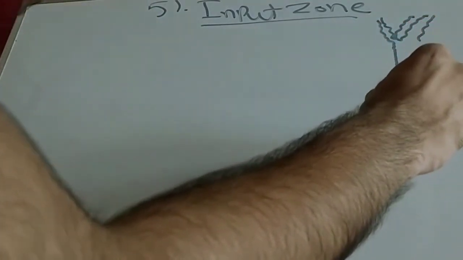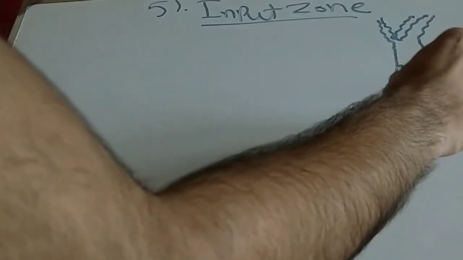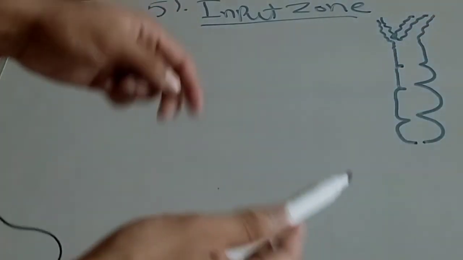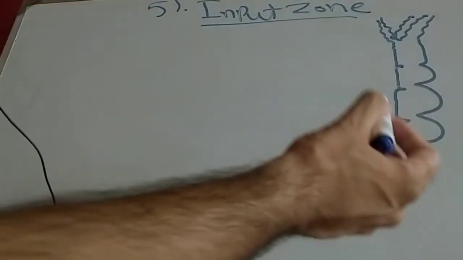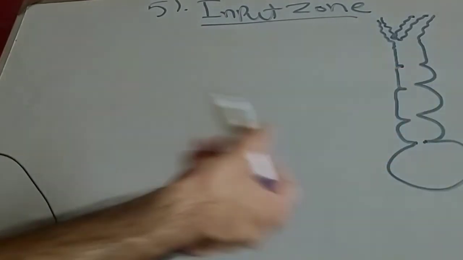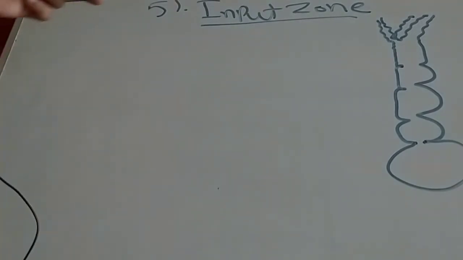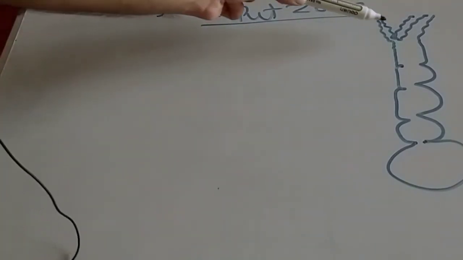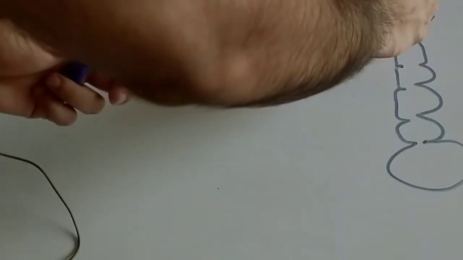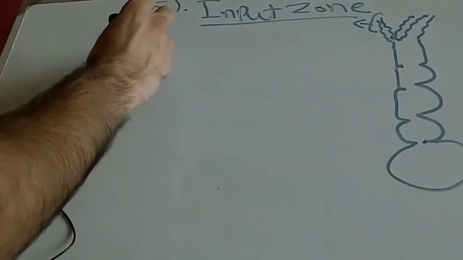These are the Schwann cells, which are embedded in a myelin sheath in order to make the conduction faster, and this is the axon. So this is the neuron. If we talk about the input zone, it is defined as this area, these are the dendrites.